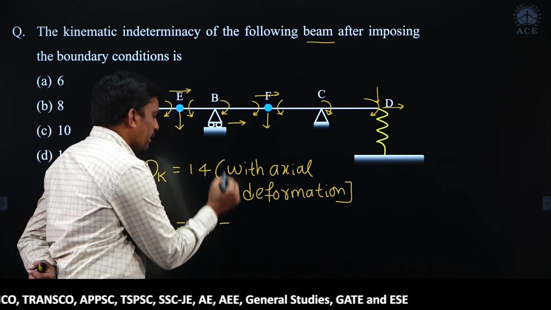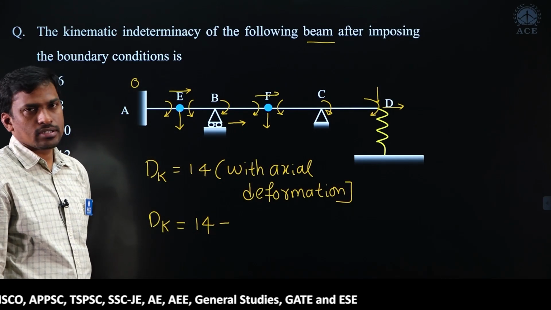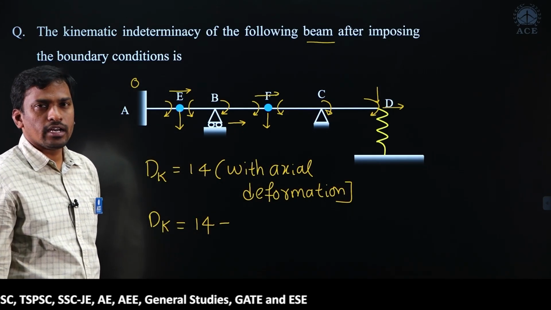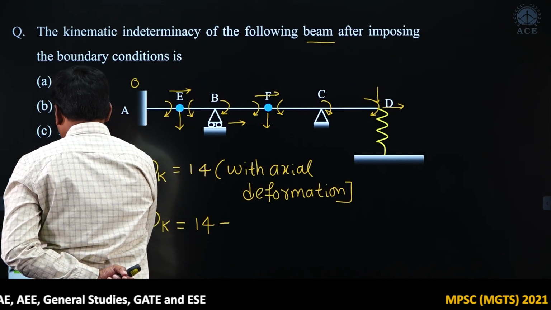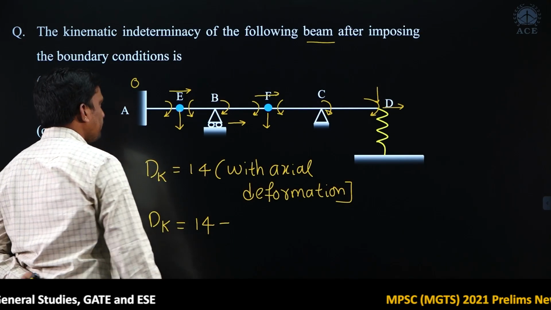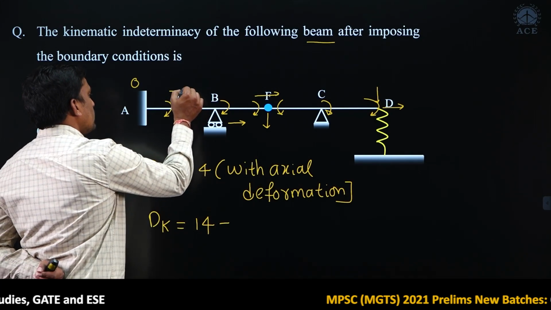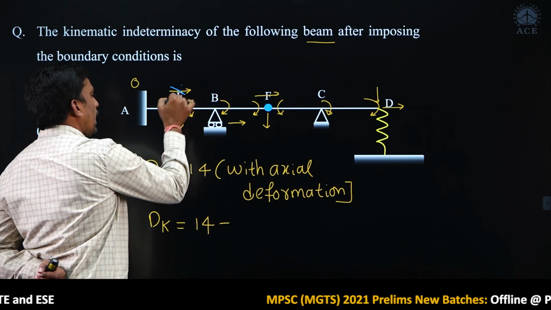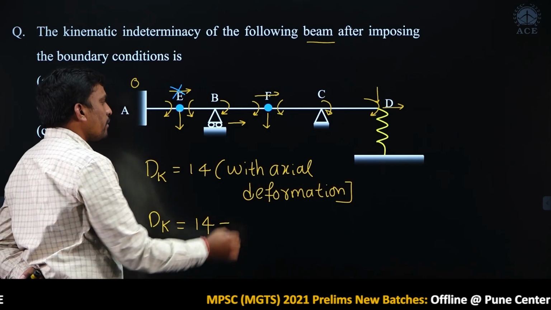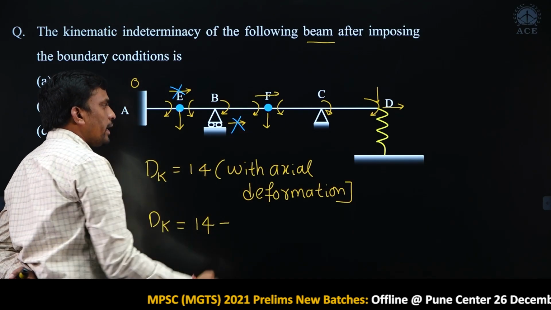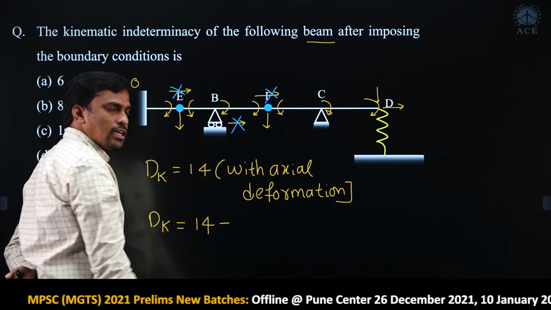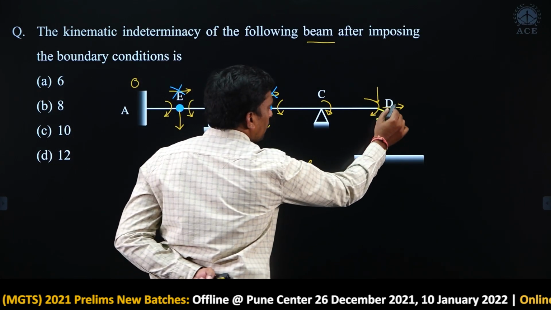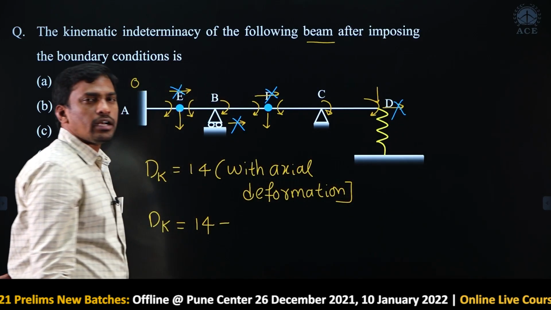Simply neglect the axial deformations, deduct the axial deformations. Which displacements are axial deformation? This is parallel to the beam, this is axial deformation, neglect it. This is parallel to the beam, neglect it. These are parallel to the beam, axial deformation, and these are parallel to the beam, this is the axial deformation.